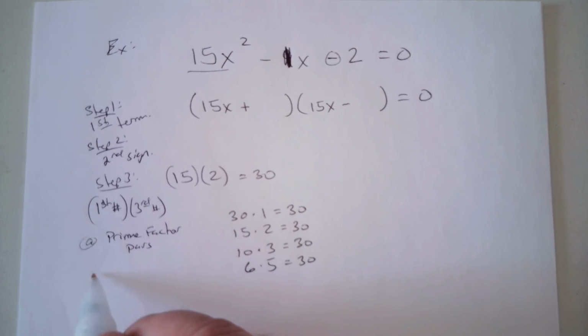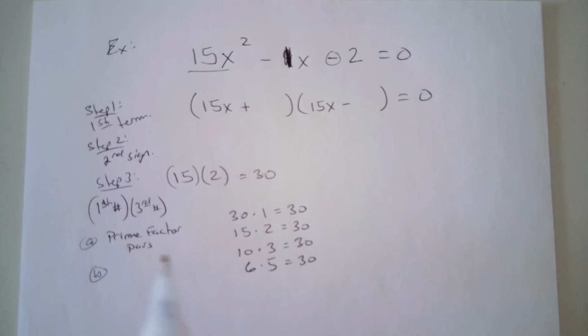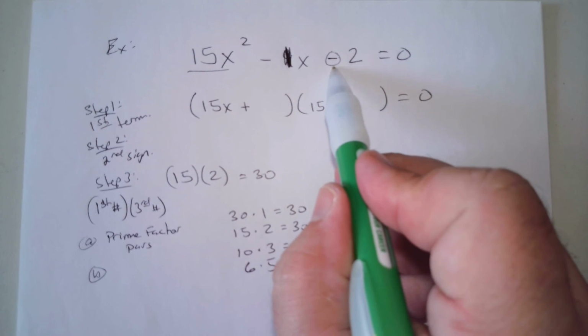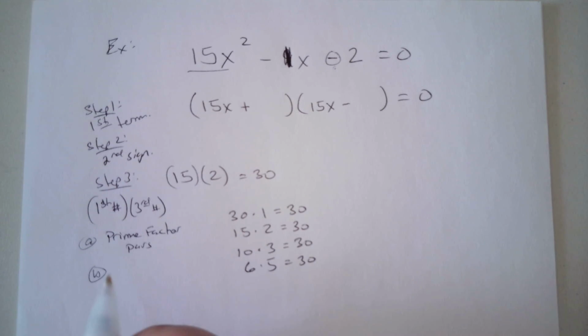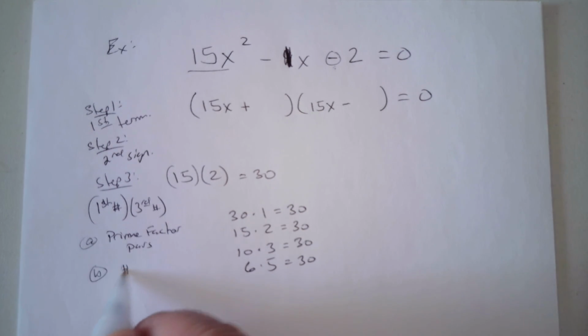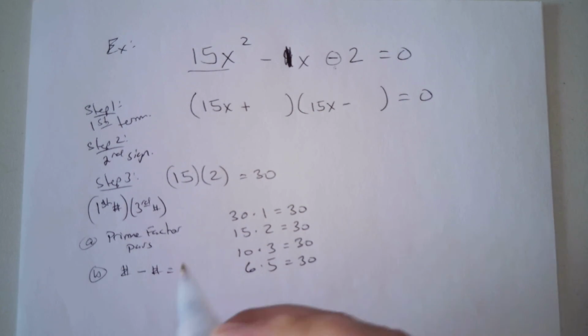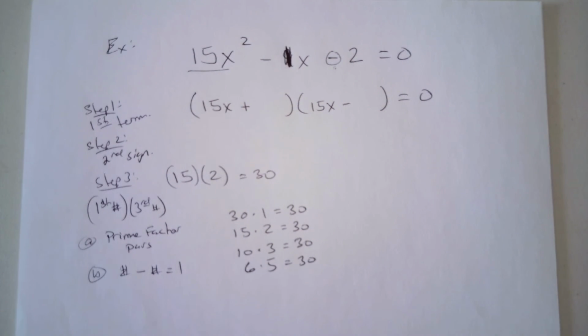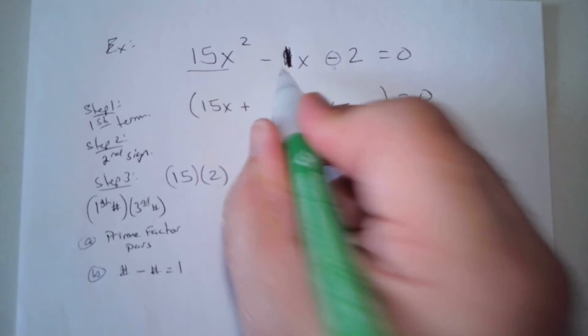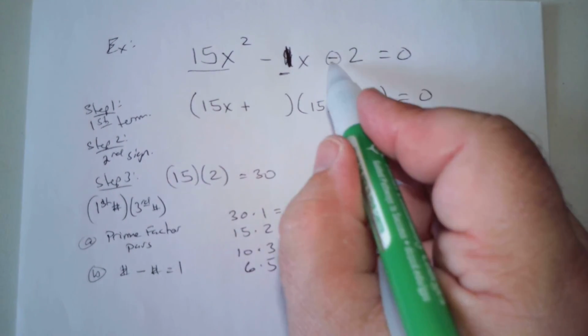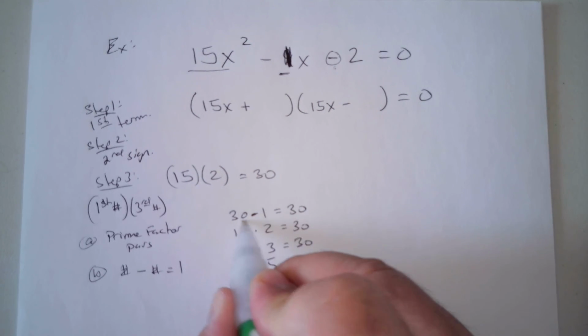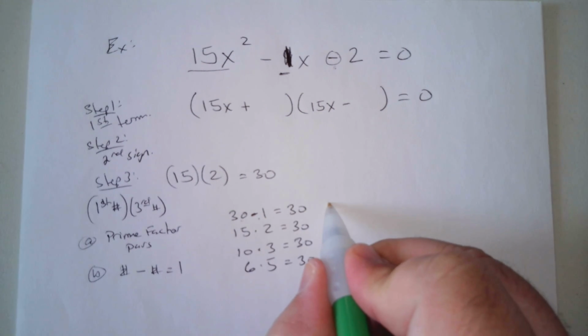So that's A. Now B. Looking at the middle sign, the second sign. One number minus another equals, in this case, 1. It has to be the middle number. Since it's minus, put that there. So 30 minus 1 is 29.